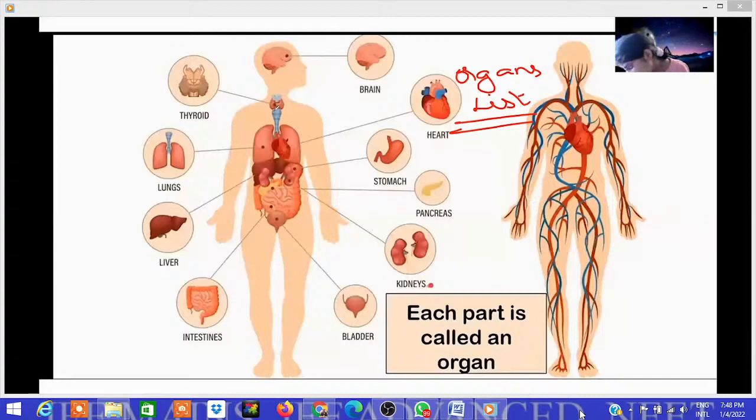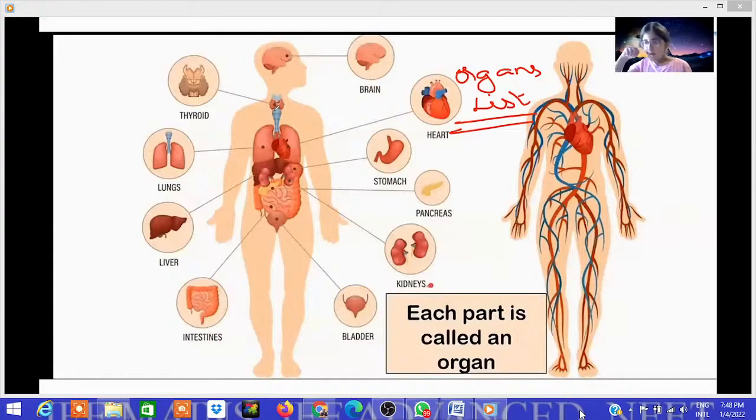Lung. Okay, done. Make sure you remember all these organs that we have in our body.